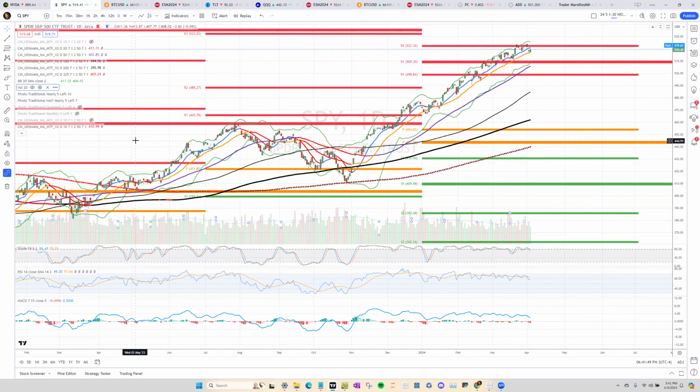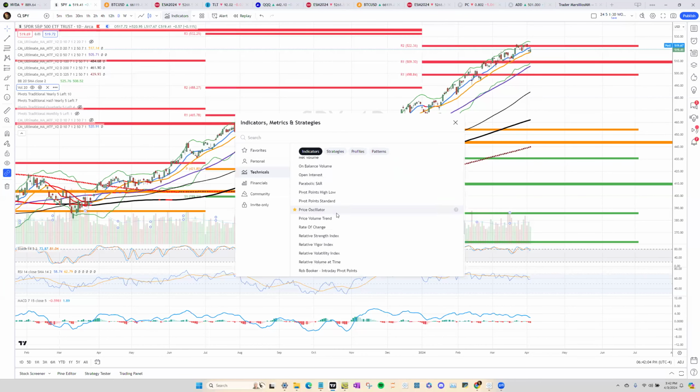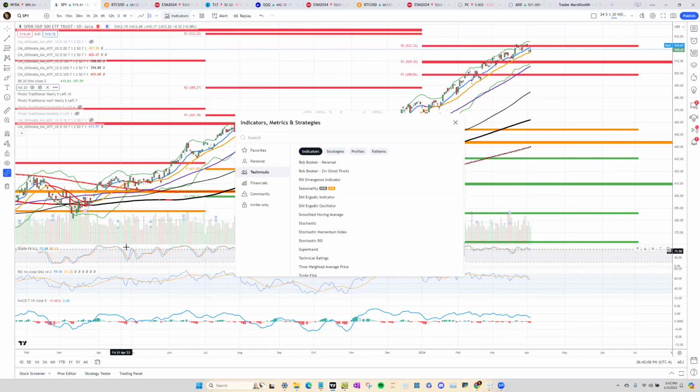And then the other indicators I have down here are for, again, various purposes. Stochastic, so that's just a standard stochastic, but I changed the settings so that the lines were a little closer together. So I'm using 14, 3, 3.